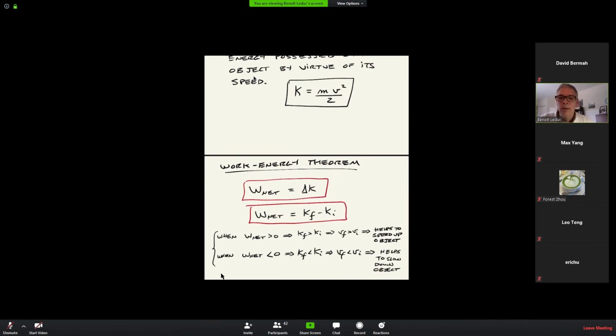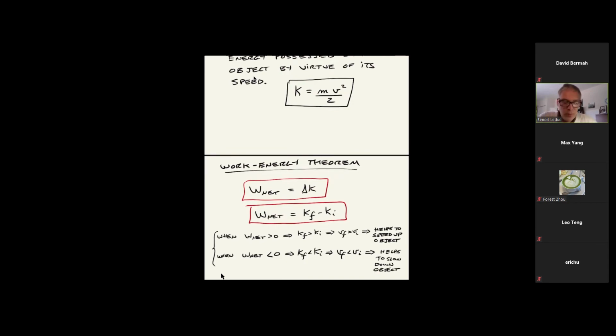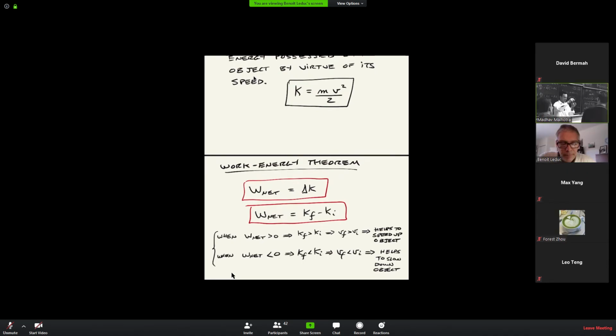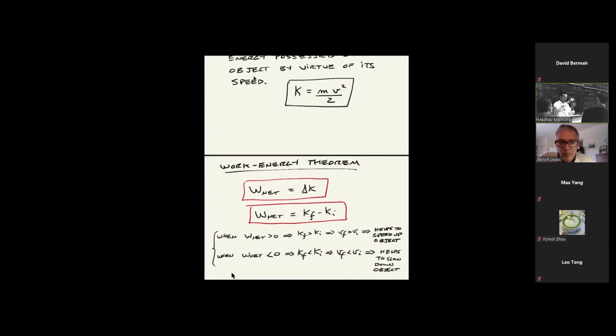All right. So positive work helps to speed it up. And when I say helps, it's a bad word. Yes, Madav. In this equation, we're never going to have the mass change for an object, but we're going to have the kinetic energy change based on its speed. Yeah, usually the mass doesn't change, we're not doing particle physics here. So yes, it's always going to be the speed.